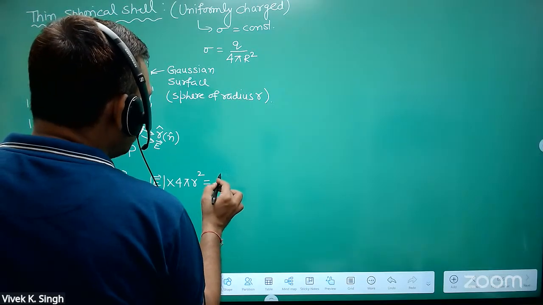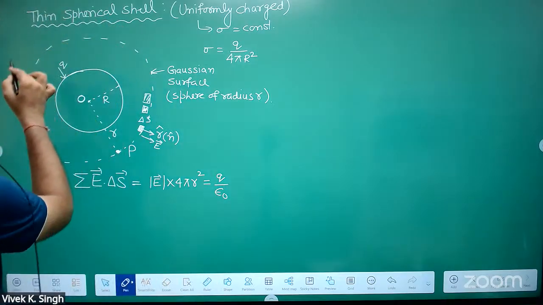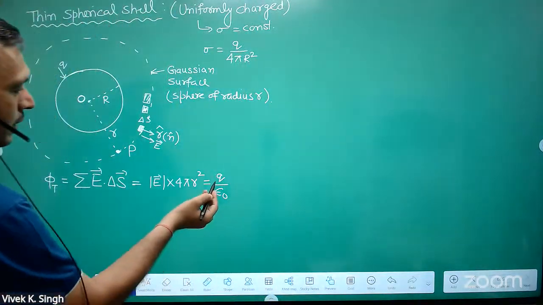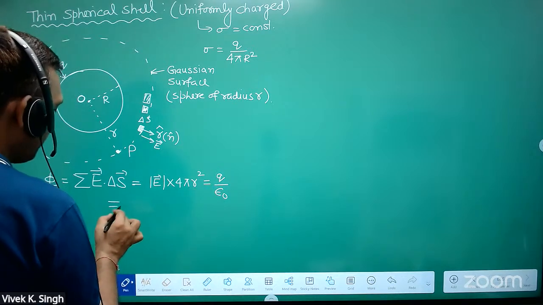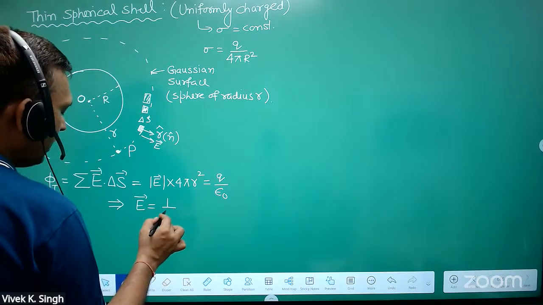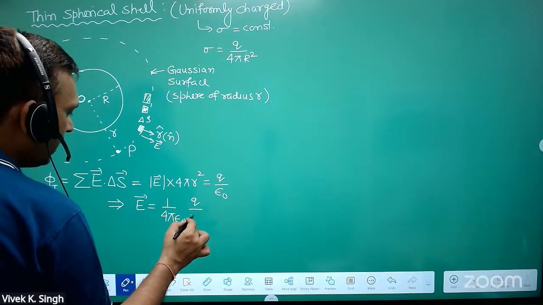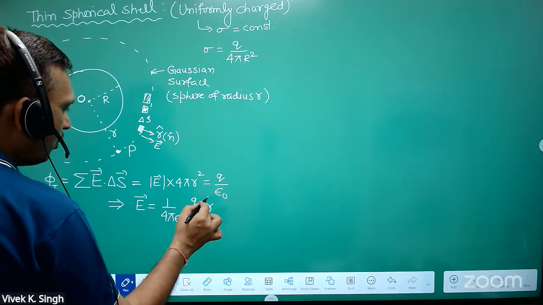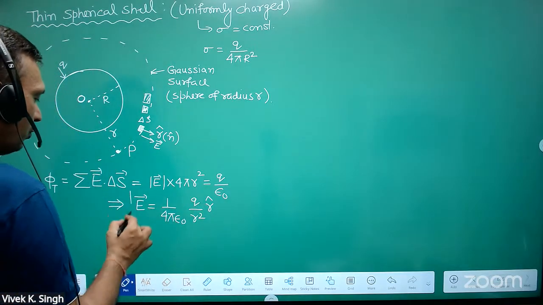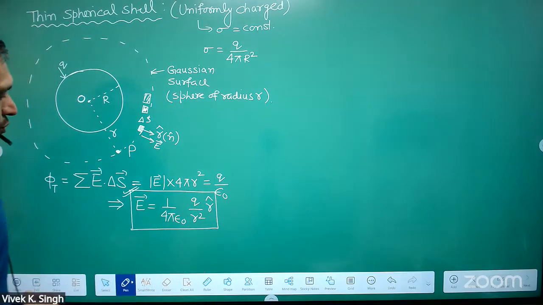The flux will be Q by epsilon naught, because within the Gaussian surface the total charge enclosed is Q. So the electric field E is given by 1 by 4 pi epsilon naught Q by r square, in the radially outward direction. Again, the charge is positive, so the field will be radially outward. So this is the electric field due to the spherical shell outside.